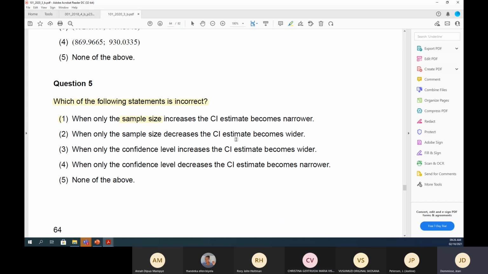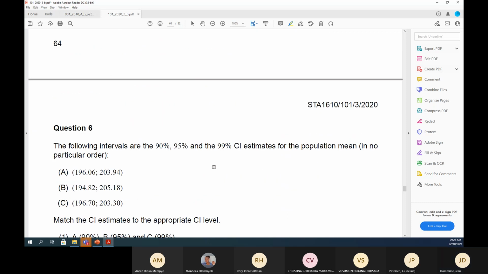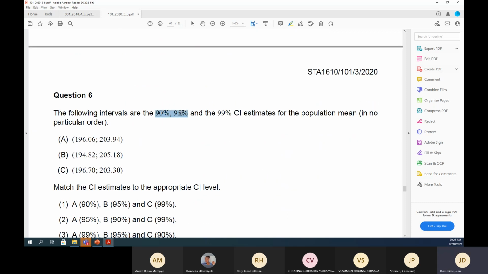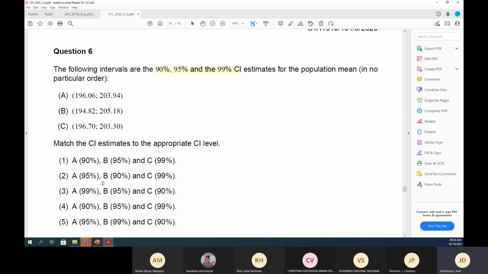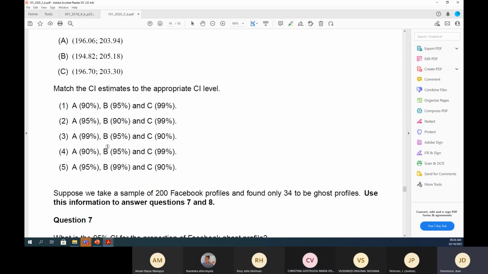So sample size, confidence level. There were the three confidence intervals again. So again, you needed to say which one.